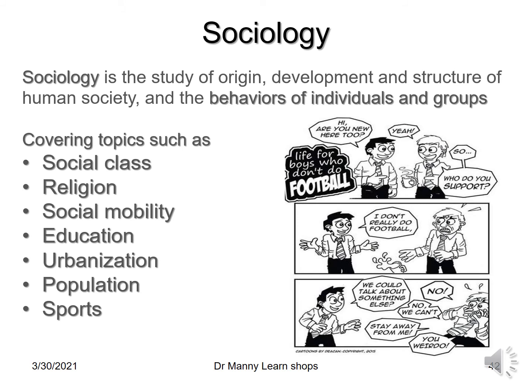So sociology is the study of the origin, development and structure of human society and the behaviours of the individuals and groups in that society. And it covers topics such as social class, religion, social mobility, education, urbanisation, population and sports. And we're going to be covering all that during this course.